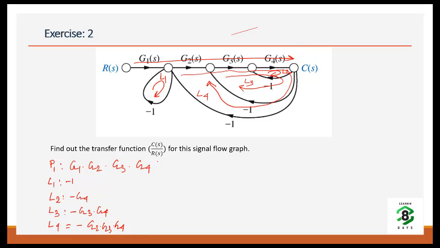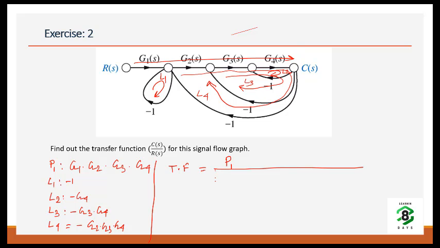Okay, we have to find the transfer function. If I write the transfer function, the numerator is pretty simple here because we have only one forward path and there is no loop in the system which is not touching P1. Now we'll come to the denominator.